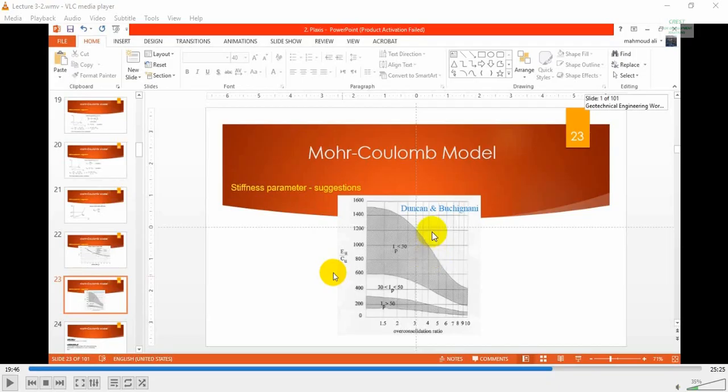For example, if we have an over-consolidation ratio of 1.5 and a plasticity index less than 30, the EU over CU ratio varies between 600 and 1500. This level of uncertainty is not acceptable in geotechnical engineering.